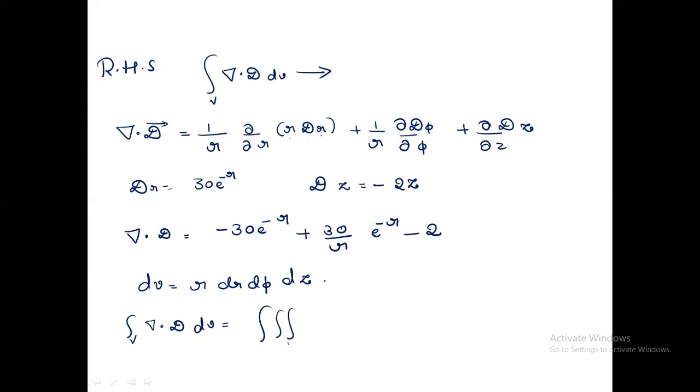With respect to r, phi, and z, and I am writing del dot D, which is nothing but minus 30 e power minus r plus 30 by r e power minus r minus 2, times r dr dφ dz. You can multiply this r inside and then you can do the integration. So we'll start with the dr first.